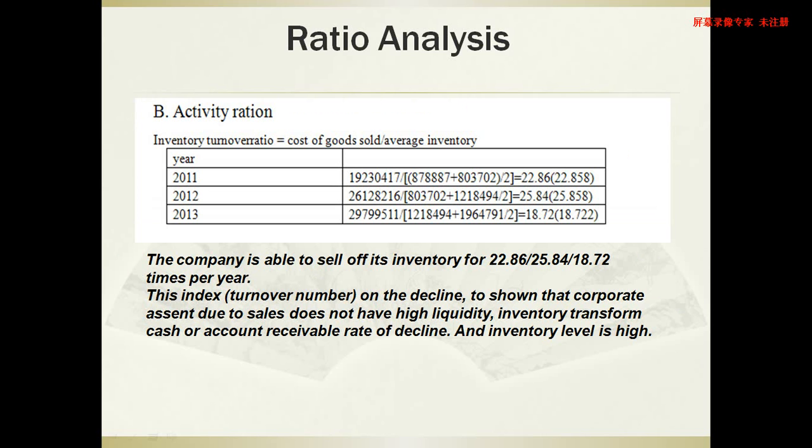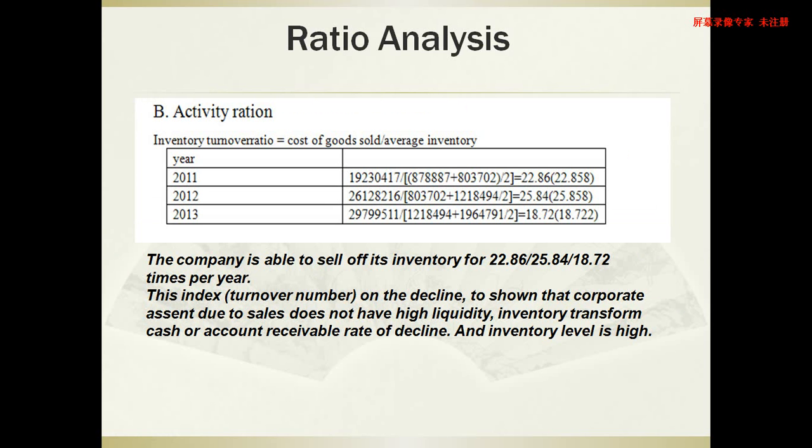Now we are looking at the activity ratio. First, the inventory turnover ratio. The company's ability to sell its inventory in 2011 was 22.86, in 2012 it was 25.84, and at the end of 2013 it was 18.72.